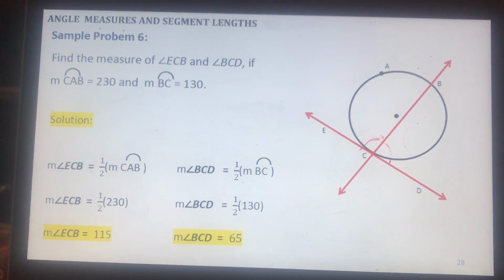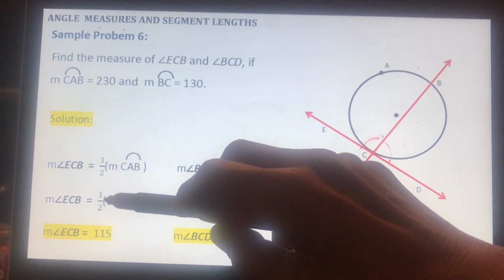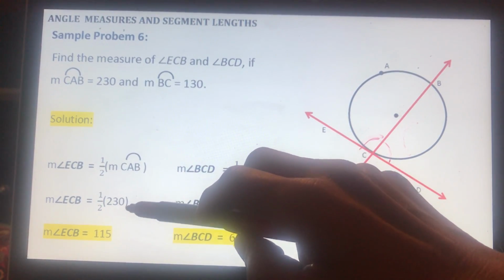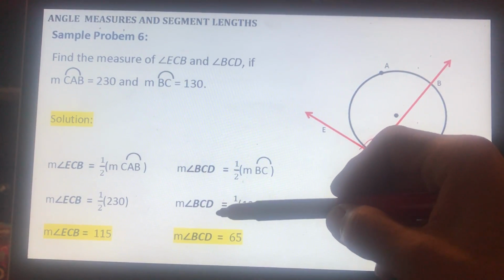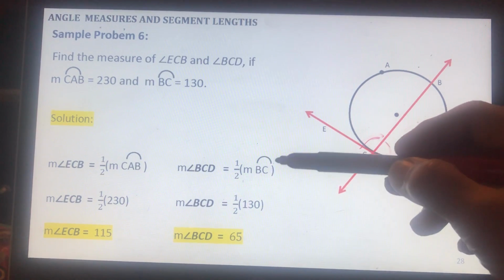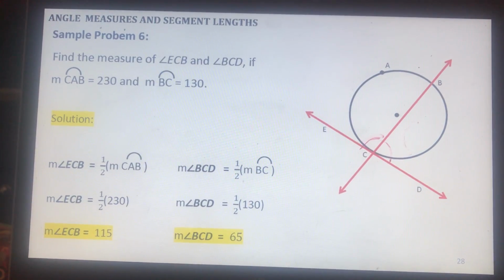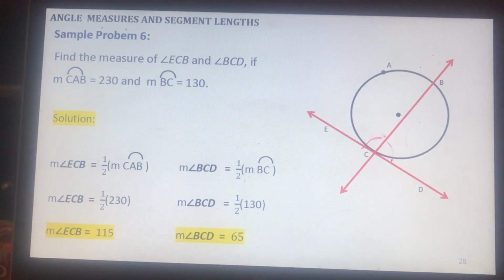So just substituting the values we have and using our equation, the measure of angle ECB is going to be equal to 1/2 of 230, which is equal to 115, and the measure of angle BCD is going to be equal to 1/2 of the measure of arc BC, which is 130. Now, half of 130 is going to be 65.